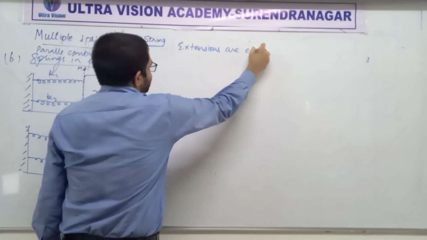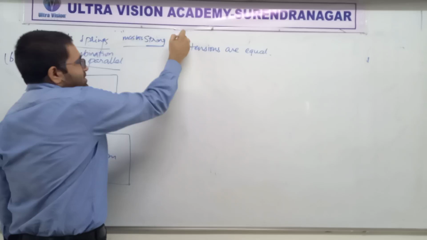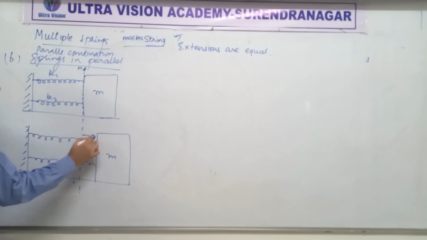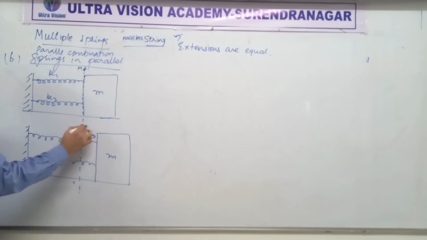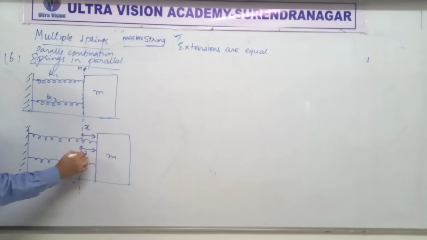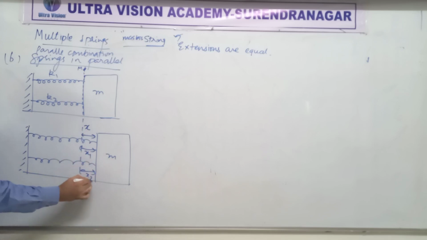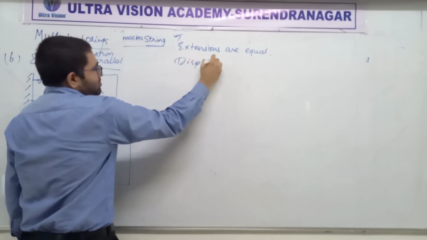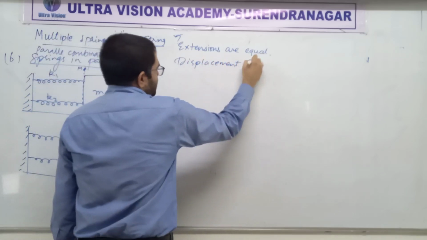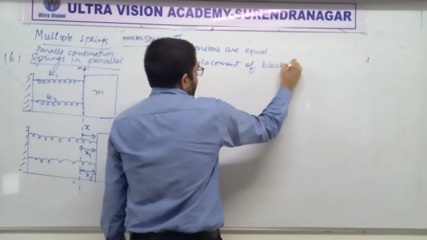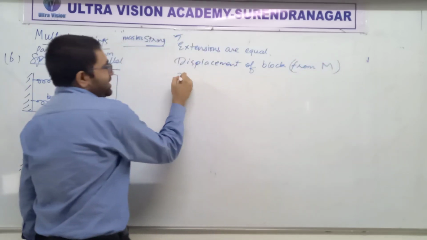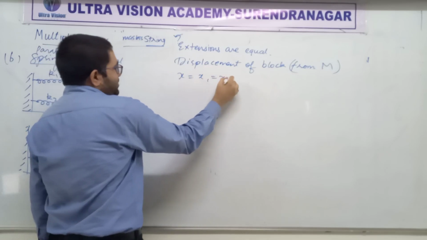Extensions are equal. Yes or no? Is this sentence clear to you, everyone? Extensions are equal. That is, if the block moves the distance x, then that x is itself equal to the extensions x1 and x2. Displacement of block from mean position is going to be once again x equal to x1 equal to x2. Fine.